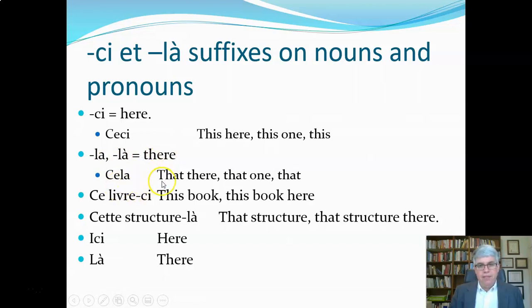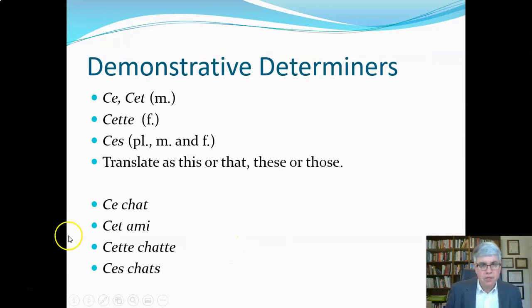So cela would be that there, that one, that. So we could say something like ce livre-ci would be this book, or this book here. Cette structure-là would be that structure, or that structure there. And then we have the standalone words ici, which means here, and là, which means there. So the -ci and the -là help us localize things if we want to specify whether it's this one or that one, whether it's here or there.